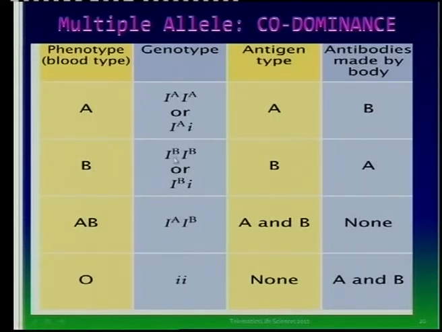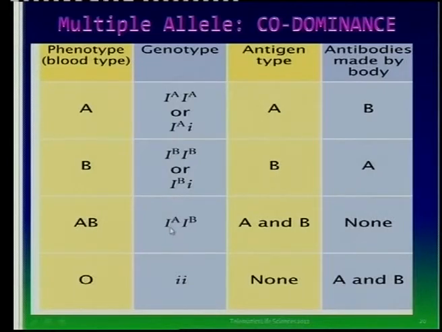With B, it can be IB IB, or IB i. It sounds like Old MacDonald had a farm, E-I-E-I-O. But there you can see it once again. It can either be homozygous or heterozygous. With blood group B, homozygous, heterozygous.